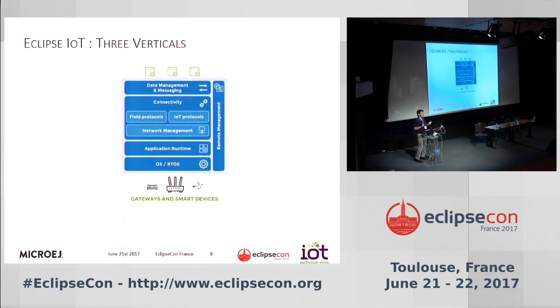At the center, I mean the geographical center of it, there is the gateway space, where you have devices running gateway stacks that are doing the bridge between the sensors and actuators and the cloud services.